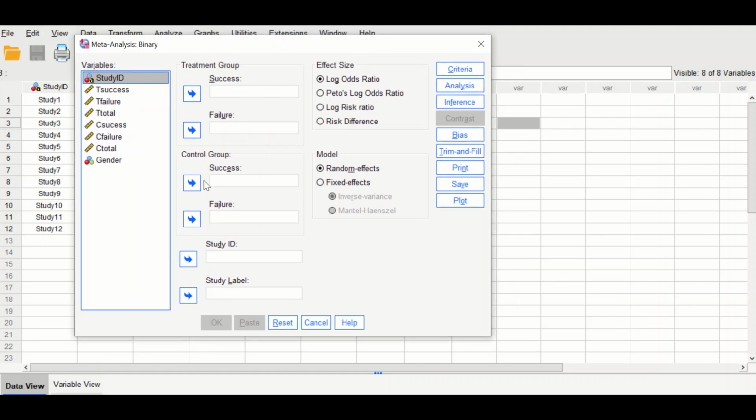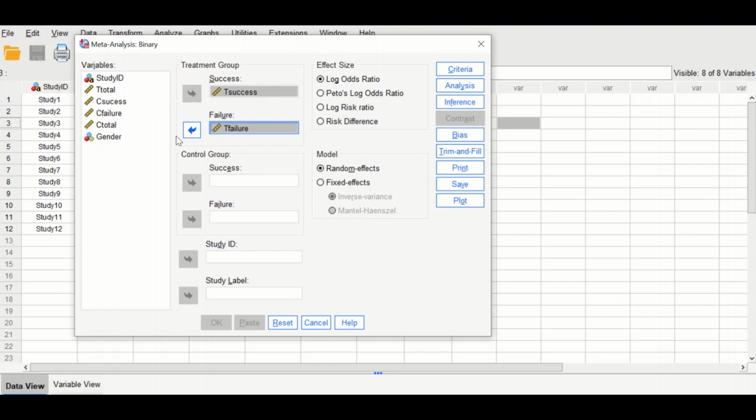In this new window for meta-analysis, binary outcome, there is a section for variables, a section for treatment group and control group, a section for effect size, whether odds ratio or risk ratio, and a section for model. So for the treatment group, move the treatment success into the section here, and the treatment failure into this part.